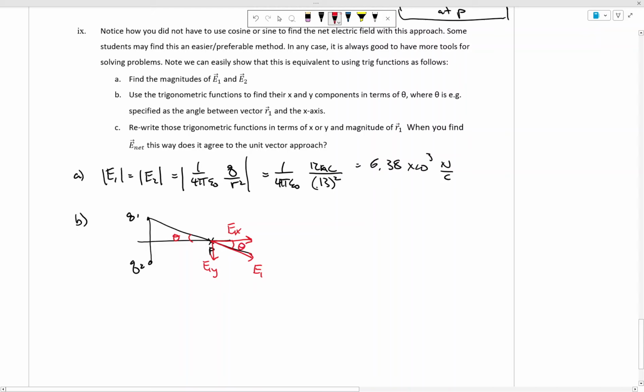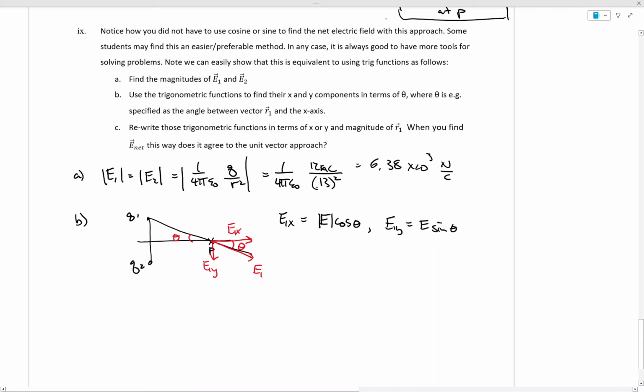And so that would mean what? That E1x would be E cosine theta. Okay. And likewise, E1y, E sine theta.